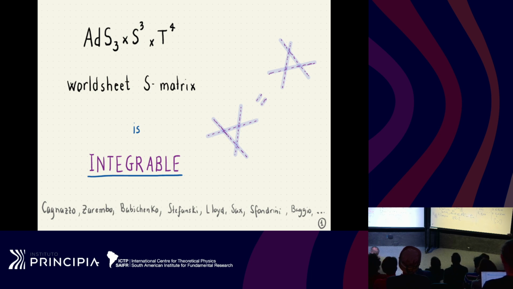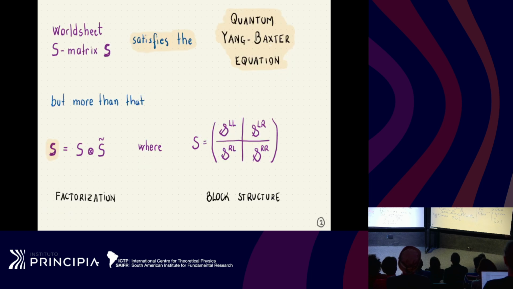As we discussed here, we believe that the AdS3 times S3 times T4 worldsheet S matrix is integrable. And actually, the full S matrix satisfies the quantum Yang-Baxter equation, but it also factorizes like this.